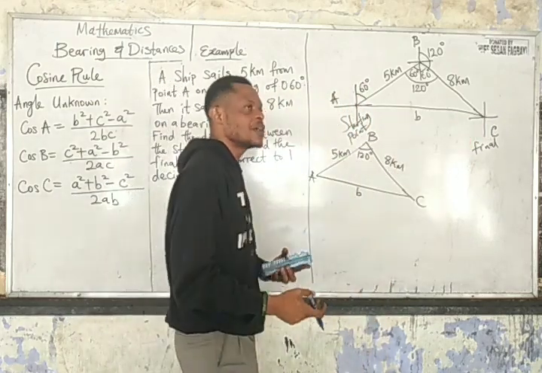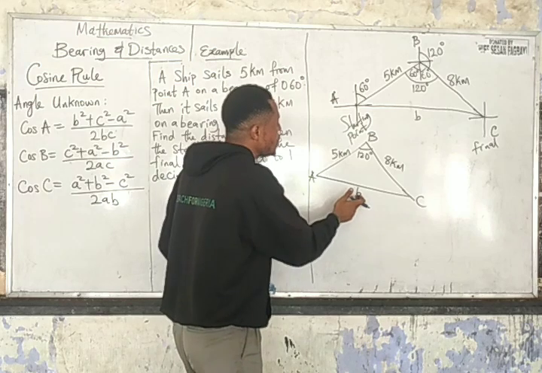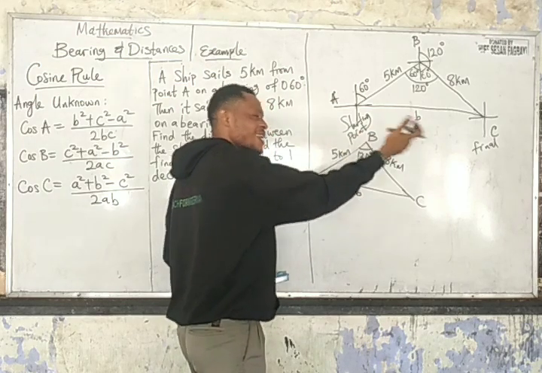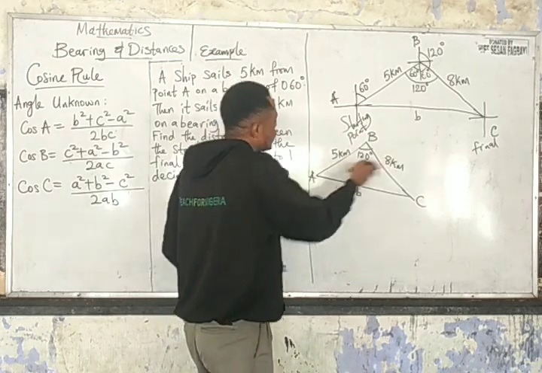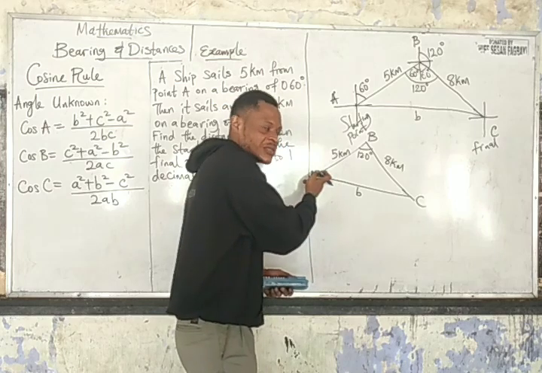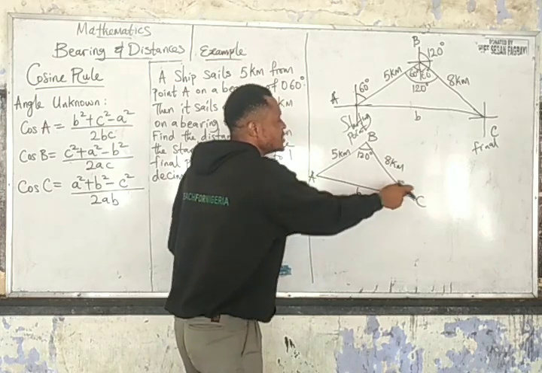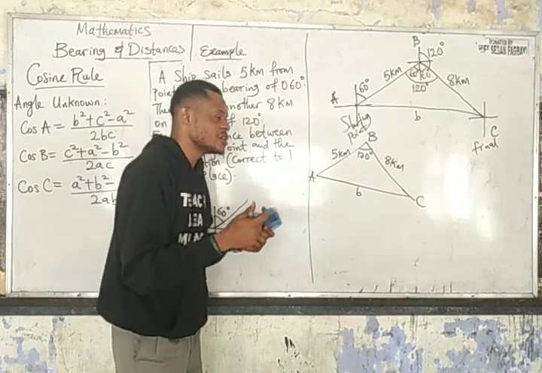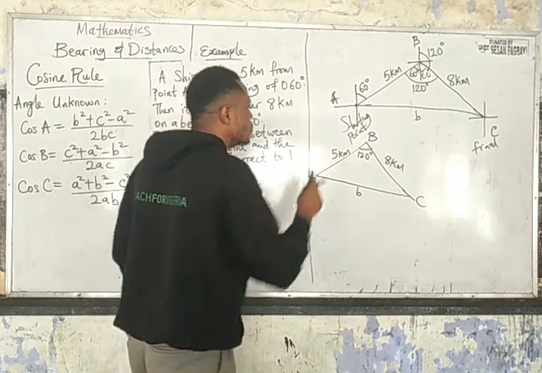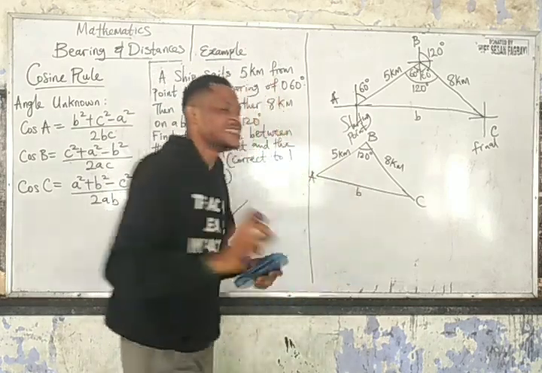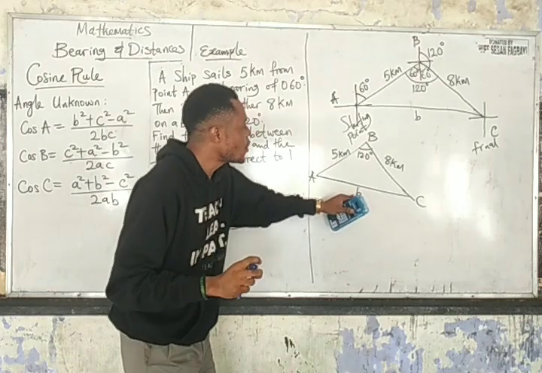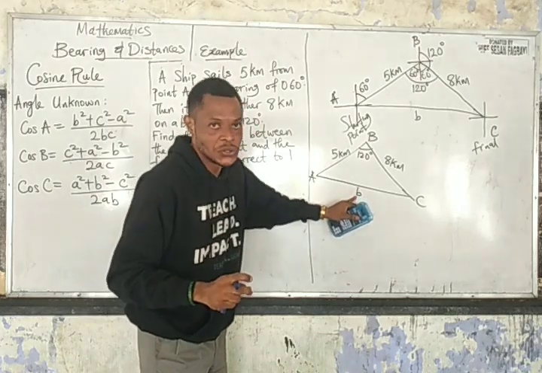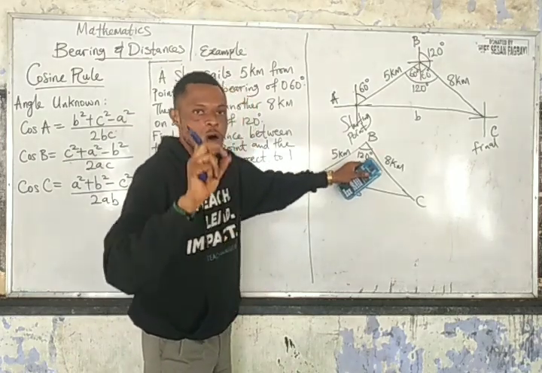If you use sine rule here, it's going to be B over sine B equal to A over sine A. A is unknown. If you decide to use it with C, angle C is also unknown. So what we are using here should be cosine rule. Here we are looking for what? We are looking for the side unknown, not angle unknown.